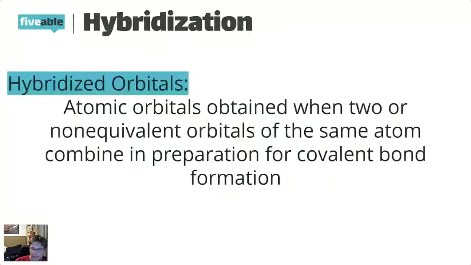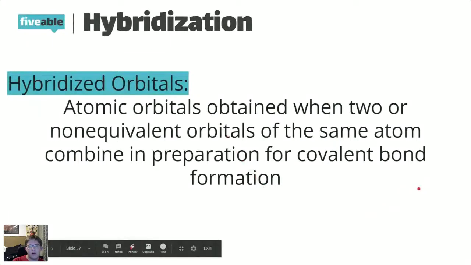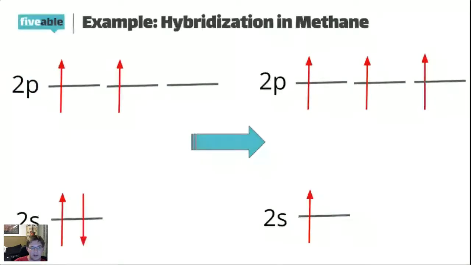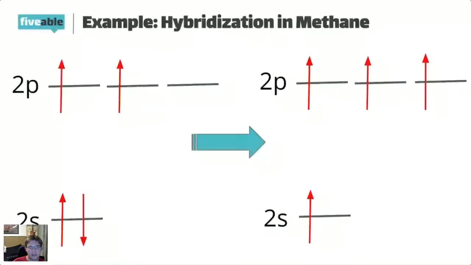This is where hybridization comes into play. Hybridization is where atomic orbitals are obtained when two or more non-equivalent orbitals of the atom combine in preparation for covalent bond formation. When we look at covalent bonds, we have to hybridize our orbitals. If we look at methane, CH4, it won't form 4 bonds with hydrogen because we only have 2 half-filled orbitals.